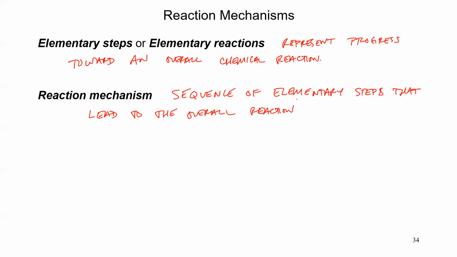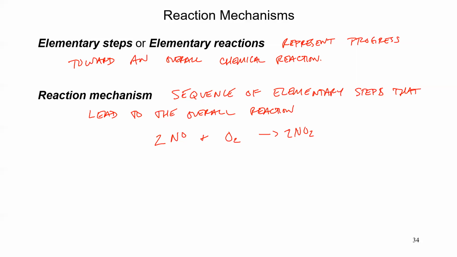We need to know not only what the elementary steps are, but also what the order of those steps is. For example, if I have 2 nitrogen monoxide and I react it with oxygen, you can go in a lab and you'll find that you get 2 molecules of NO2.